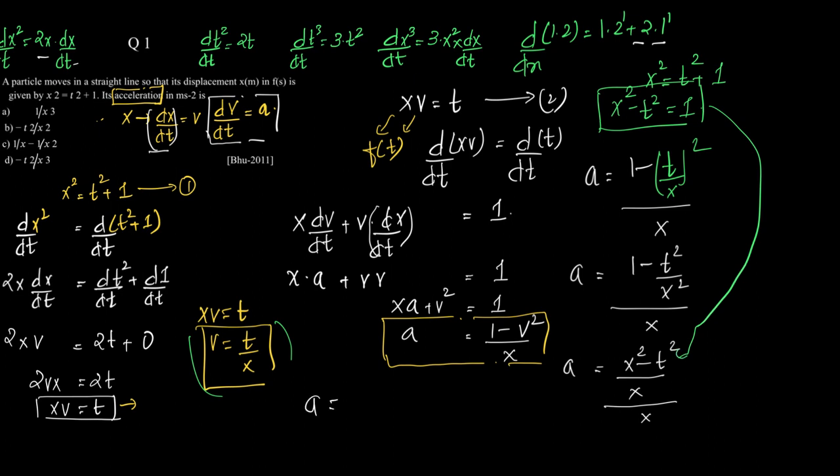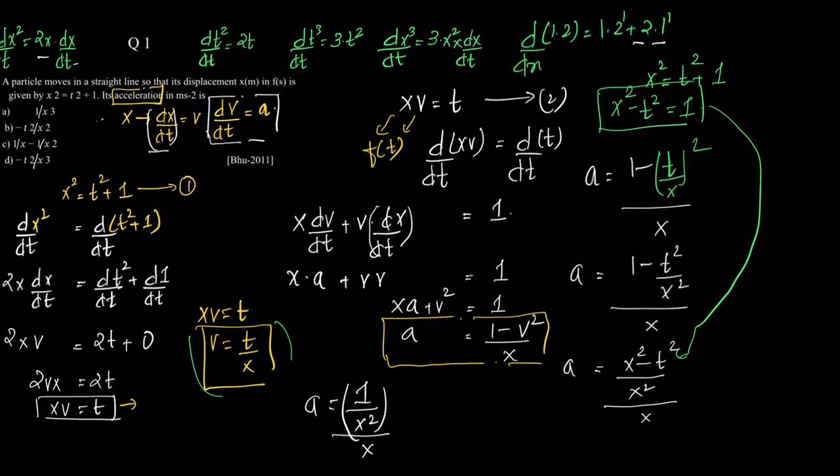I get a is equal to, instead of x square minus t square, I can write 1, right? X square minus t square is equal to 1. Yes. And oh, there's a mistake. It's not x, it's x square. So we can write 1 by x square, the whole upon x.